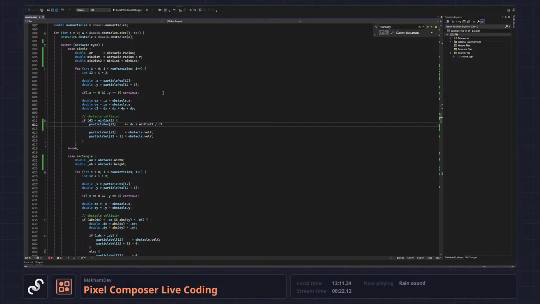The object particle minimum distance to here is actually minimum distance times minimum distance, which is the radius plus the current object radius, so it's not square. No, it is square. Not square.